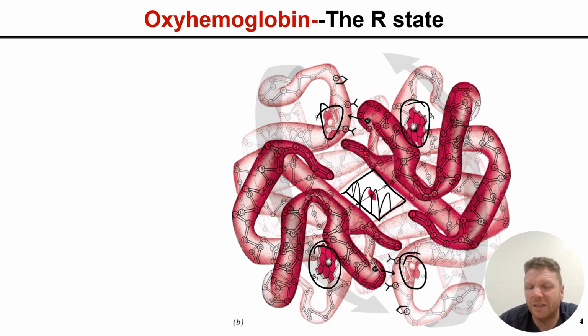The central cavity has gotten considerably smaller. So we saw lots of changes going from our T state to our R state. That central cavity got considerably smaller, and oxygen bound to heme in all of those different groups.